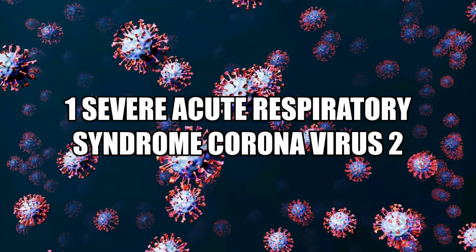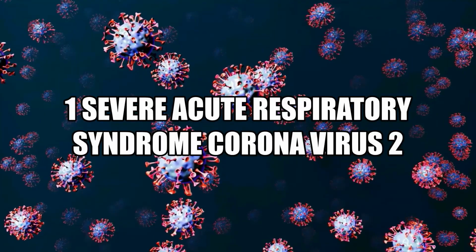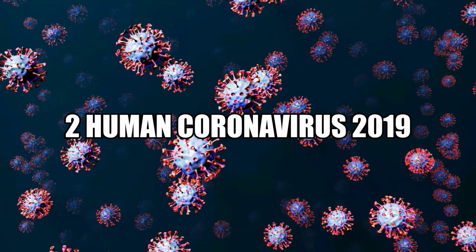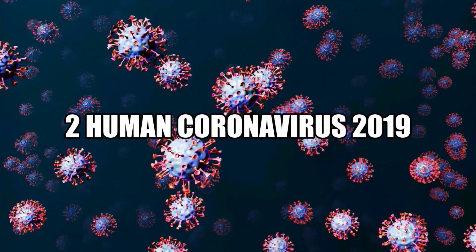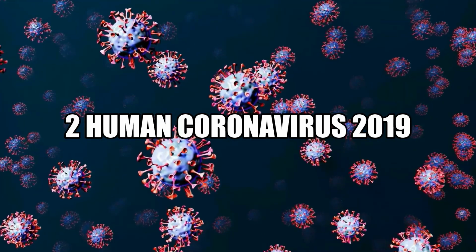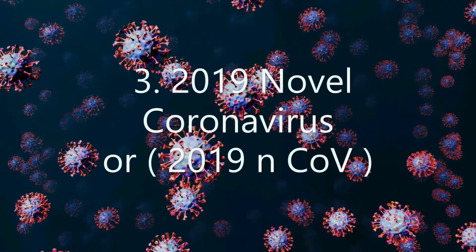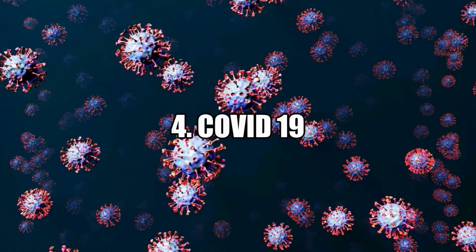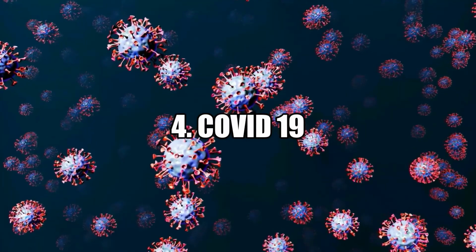Different names are being applied from time to time for the current global pandemic. These names are: Number 1, Severe Acute Respiratory Syndrome Coronavirus 2. Number 2, Human Coronavirus 2019. Number 3, 2019 Novel Coronavirus. Number 4, COVID-19.